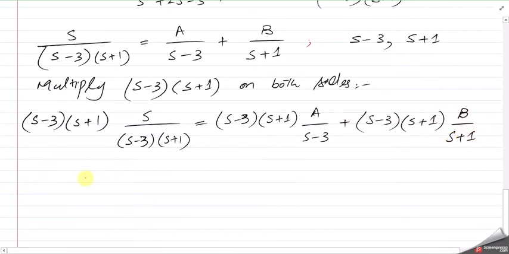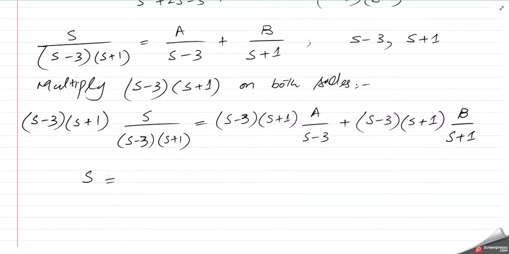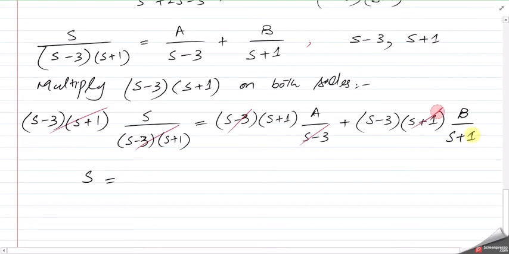This side gives s because this whole thing cancels here. S minus 3 cancels here. S plus 1 cancels here. So we get s equals a times s plus 1 plus b times s minus 3.